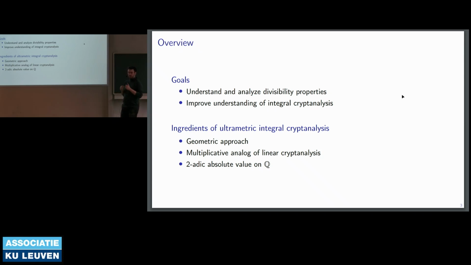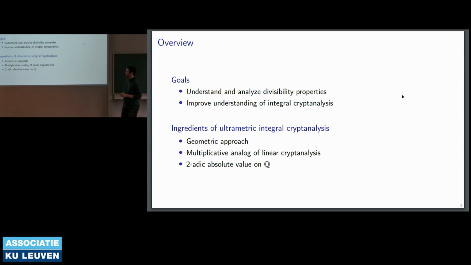First of all, we construct our theory within the geometric approach. For that, we define a multiplicative analog of linear cryptanalysis. And then finally, we will ditch the normal absolute value over the rational numbers and use a two-adic absolute value to be able to capture these divisibility properties.